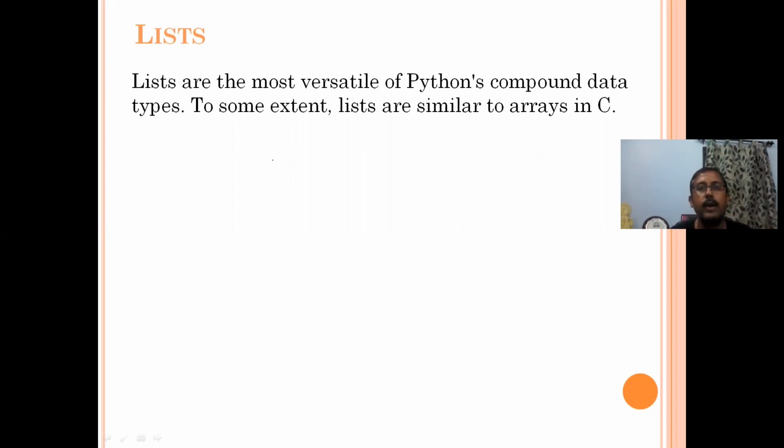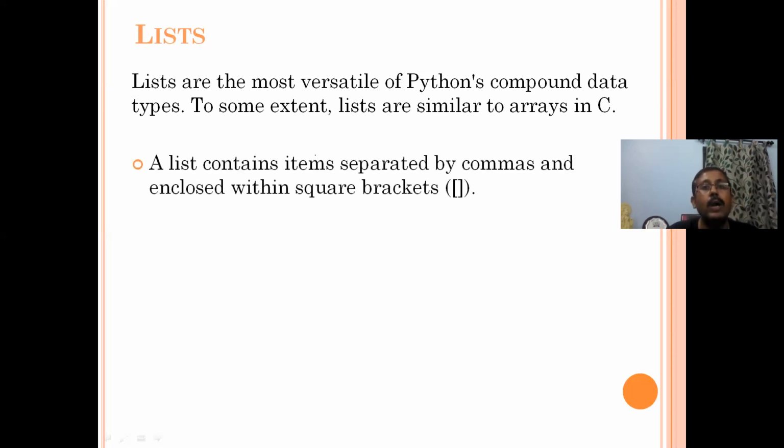When we want to have that kind of an ordered set, we use the list data type. The list data type is one of the most powerful features that Python provides. Though it is similar to the arrays in C, in terms of versatility it is even better than the arrays, right?